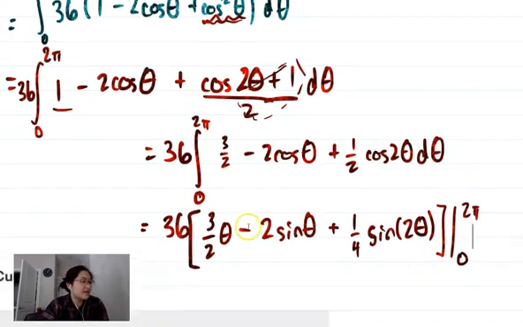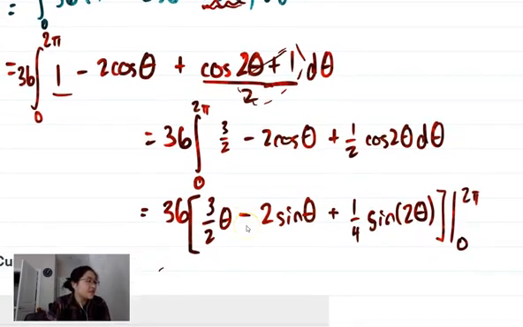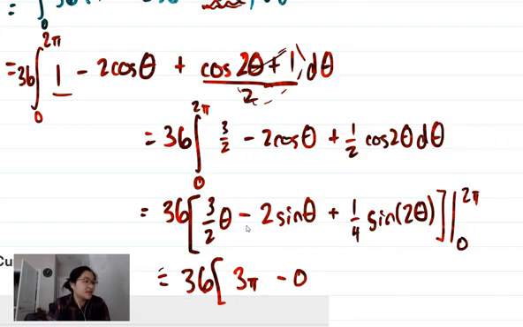And you plug that in, and what do you end up with? You end up with 36 times 3 pi minus 0 plus 0 minus parentheses zeros.